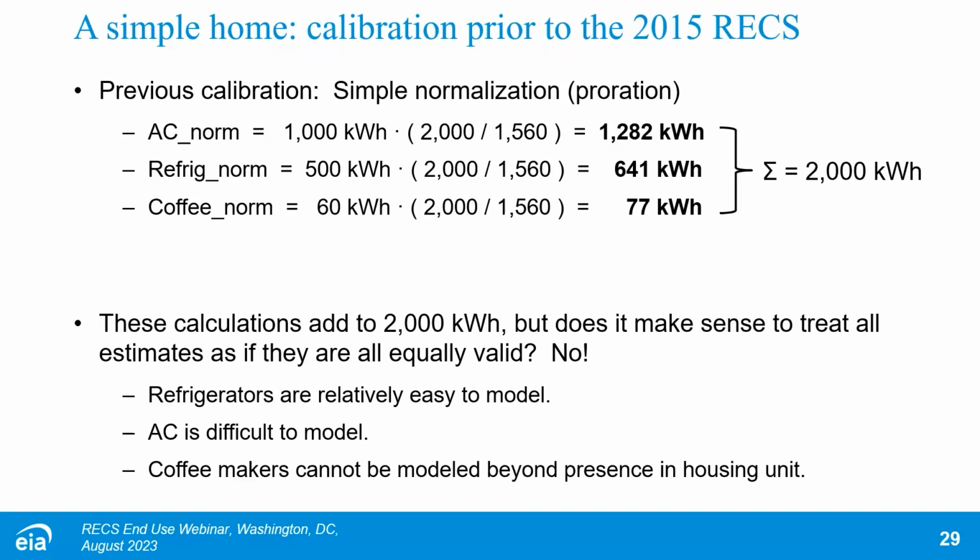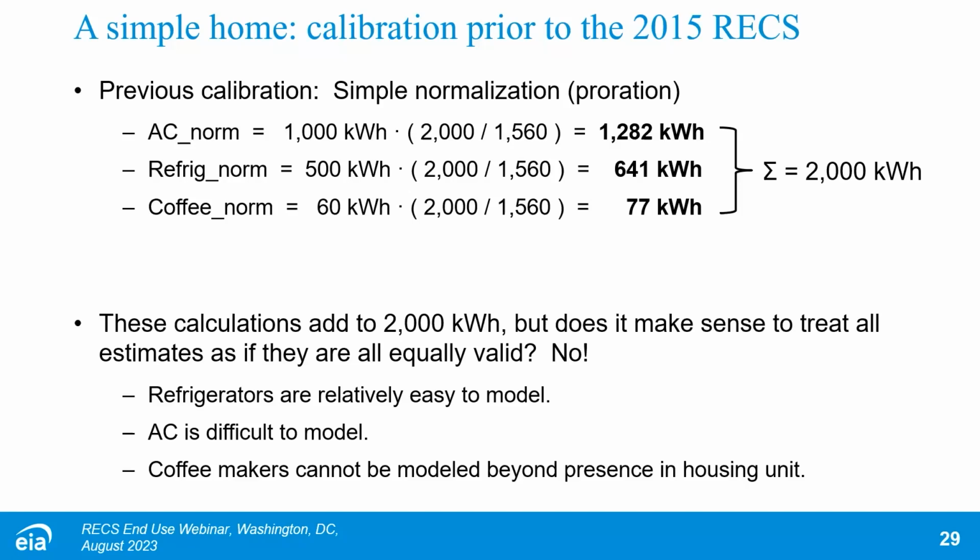Well, it may not be obvious from the math here, but this is implicitly assuming that all 3 of these models, the output is equally valid. And we ask, is this the right thing to do? And we will quickly answer, we don't think so. As I've gone through the hierarchy, we collect different amounts of information for each end use.